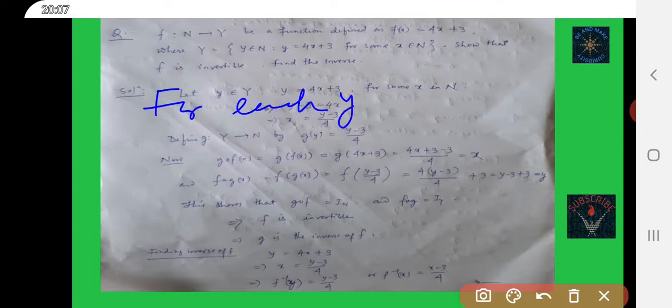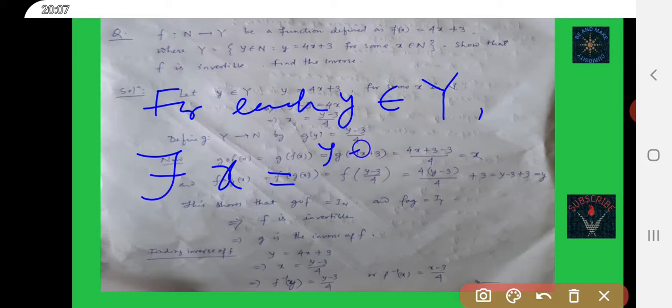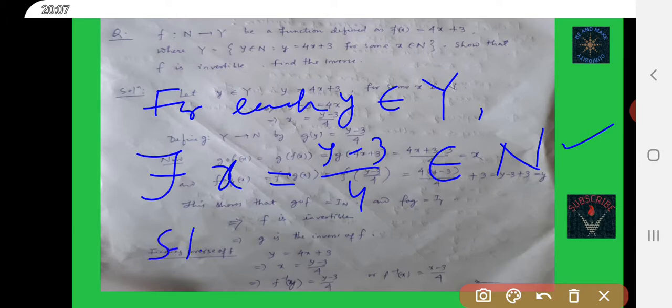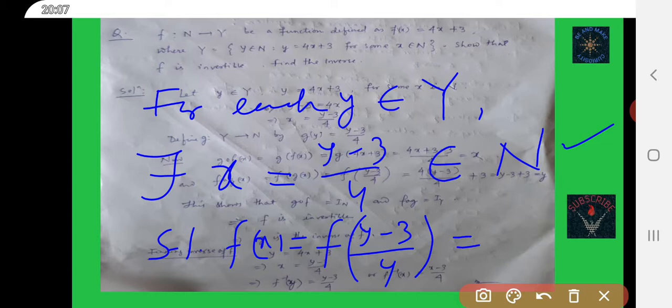Now for each y belonging to capital Y, there exists x equal to (y minus 3) by 4, belonging to the set N, such that f of x is equal to f of (y minus 3) by 4, and you know that f of x is equal to 4x plus 3, so you put that in, then you get 4 times (y minus 3) by 4 plus 3.